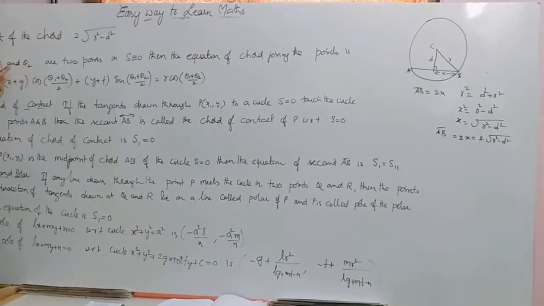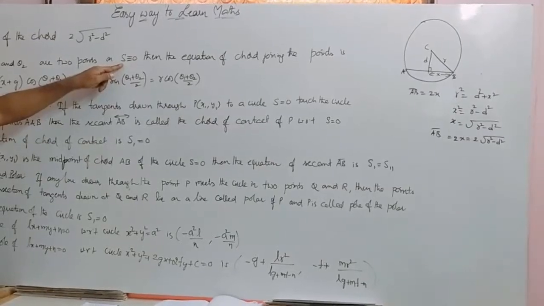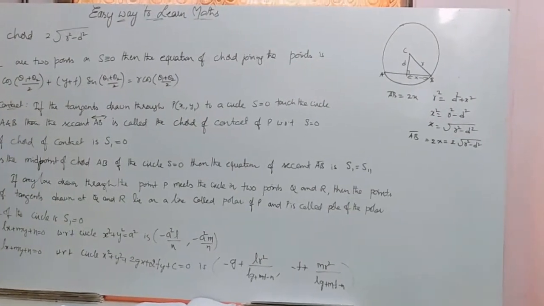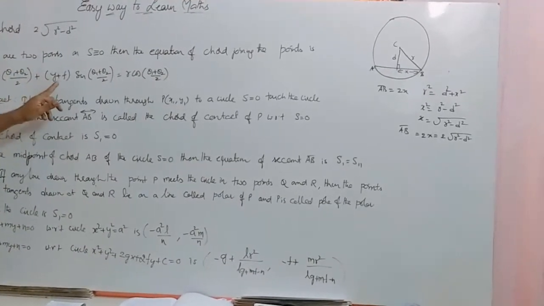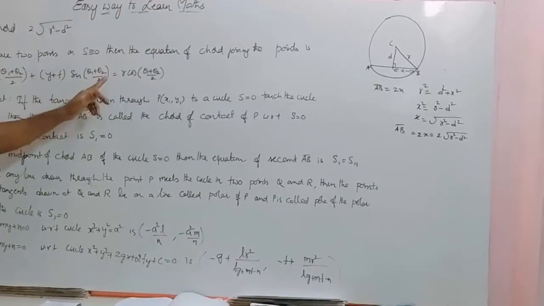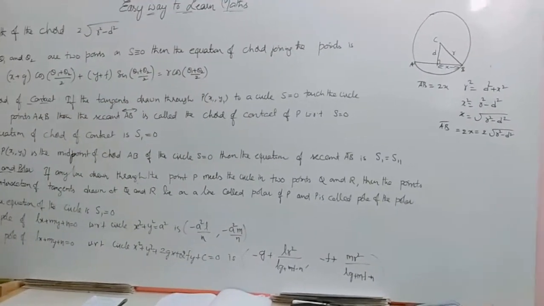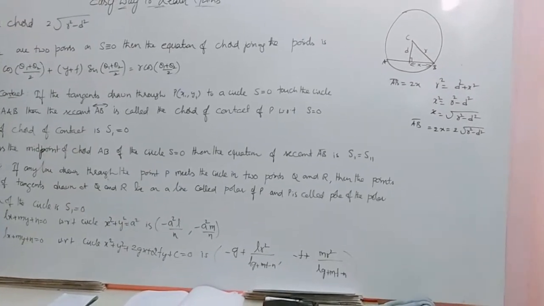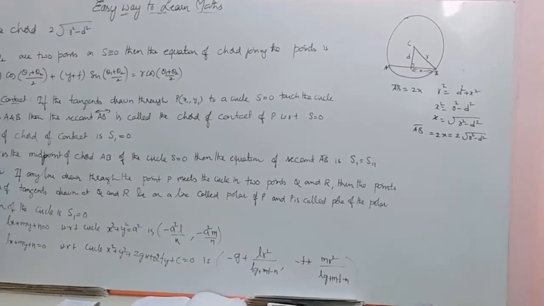Here theta 1, theta 2 are the parametric form of the circle. Then the equation of the chord joining the points is, this is the formula: x plus g into cos of theta 1 plus theta 2 by 2, plus y plus f into sin of theta 1 plus theta 2 by 2, is equal to r into cos of theta 1 minus theta 2 by 2. Here in this problem the angles are given, some 30 degrees, 60 degrees, like theta 1 equal 30, theta 2 equal 45 or 60, like that.